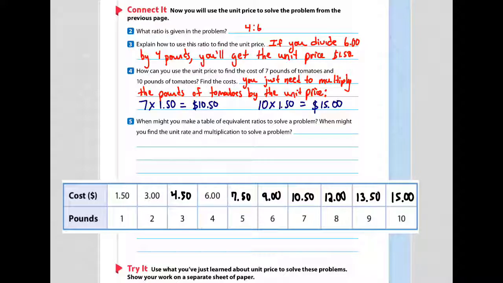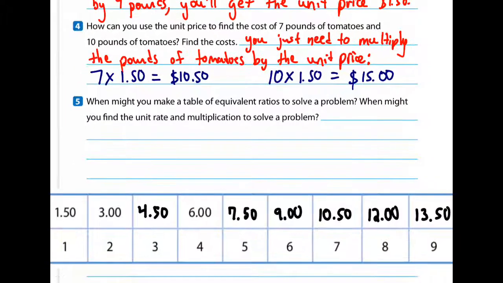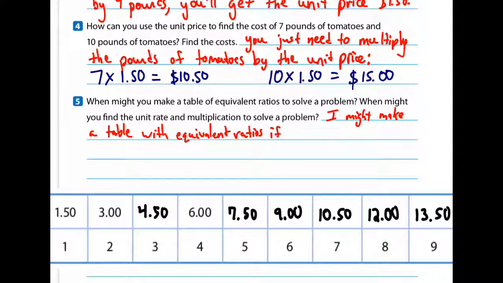Okay, so I'm going to say I might make a table with equivalent ratios if I need to find the cost of many different amounts.